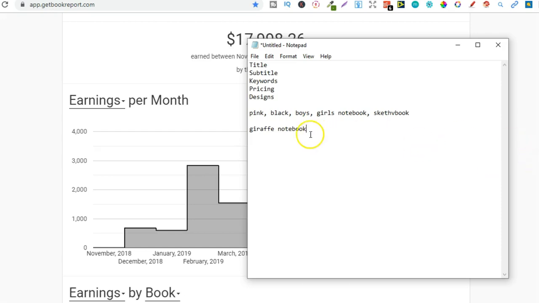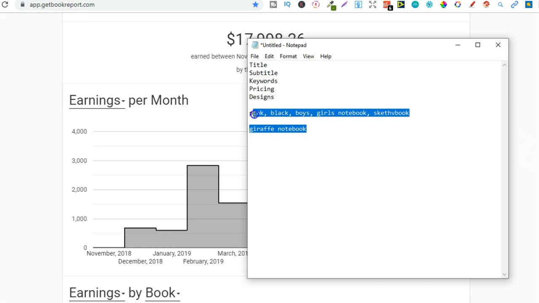I'm going to have this giraffe notebook in the subtitle, and that way when people actually search for a giraffe notebook, I'm more likely to get found and make sales. So that's why I believe titles and subtitles are very important. You should always be creating books around what people are searching for, and then use that search term within your subtitle.